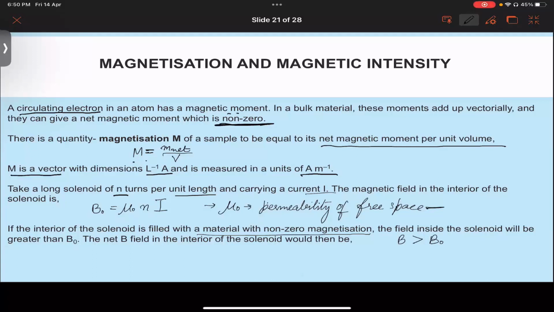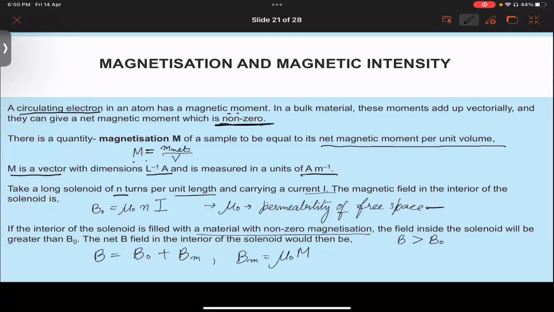The net field, or the total field, would be a sum of B0 and Bm, and Bm can be given as mu 0 M.